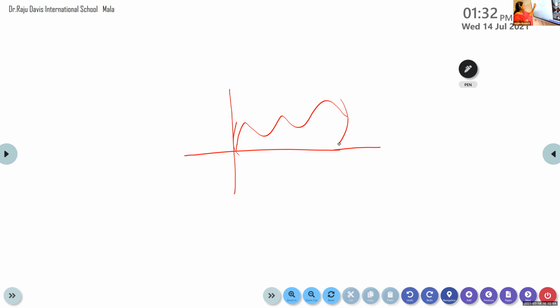In one part it is increasing, again decreasing, again increasing, decreasing. So as a whole we can't say. In this case we say this function is neither increasing nor decreasing. But if we divide it into smaller parts, in this part it is increasing, in this smaller region it is decreasing. Like that we can divide.